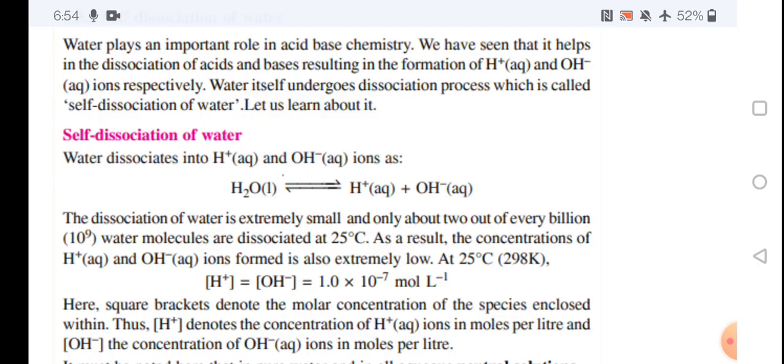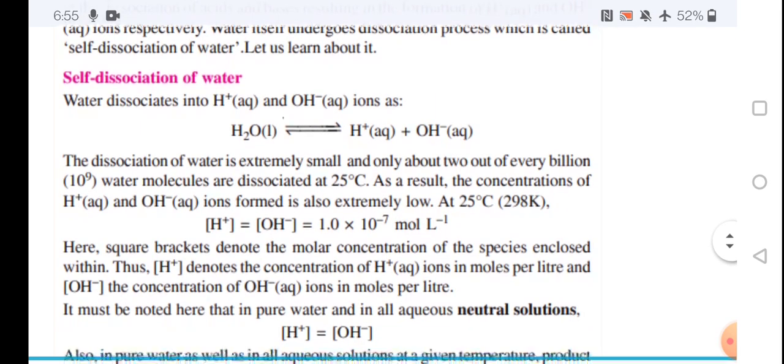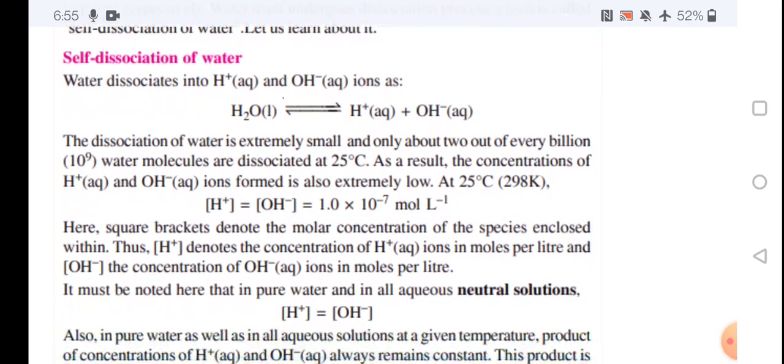So the concentration of H plus and OH negative is 1.0 into 10 to the power of minus 7 mole per L. Here the square bracket denotes the molar concentration of the ions.